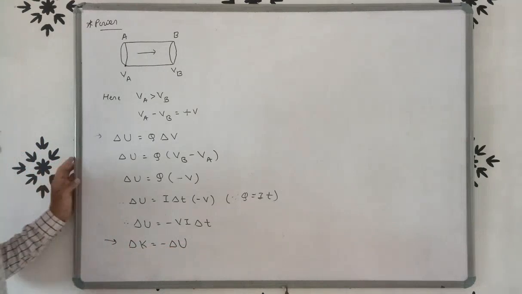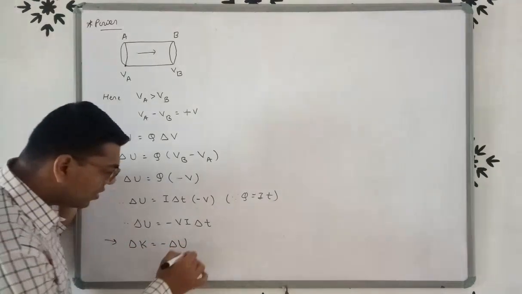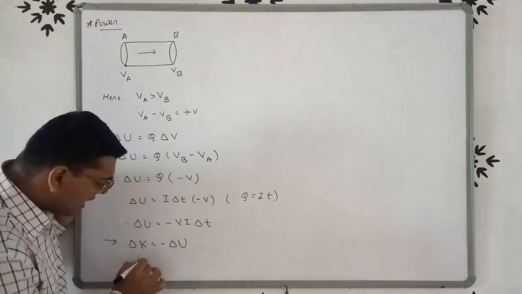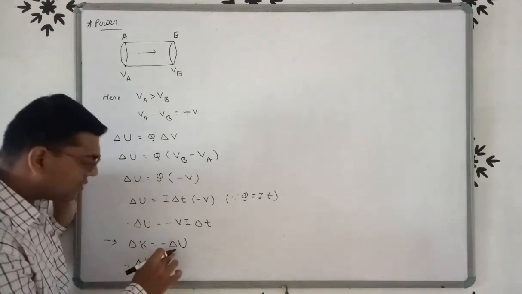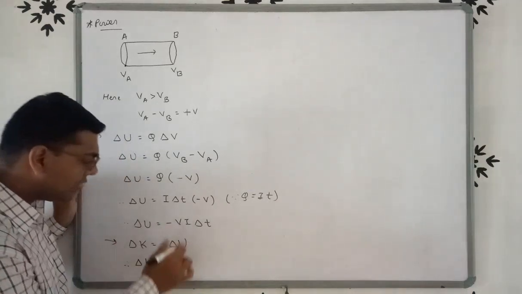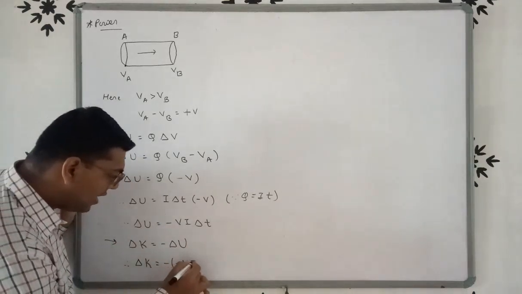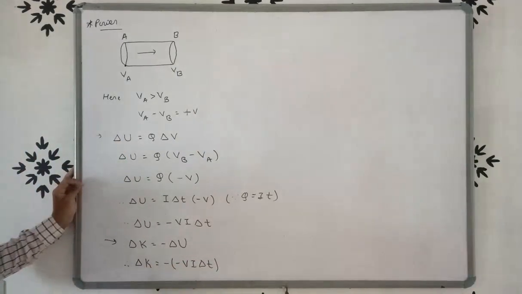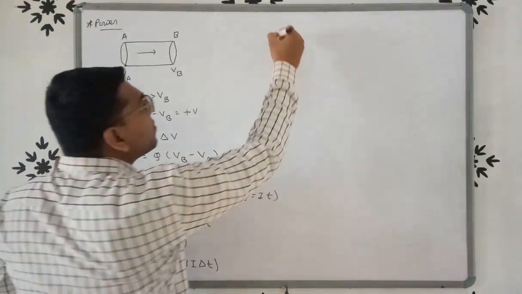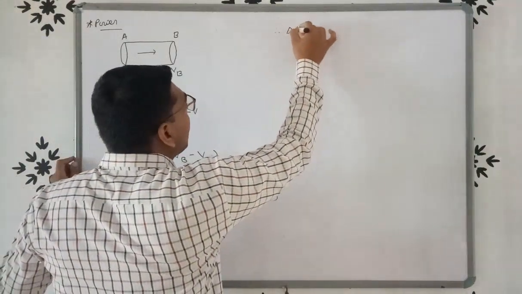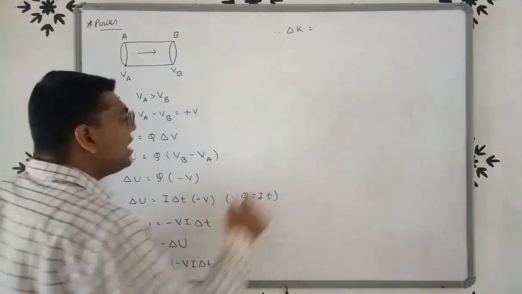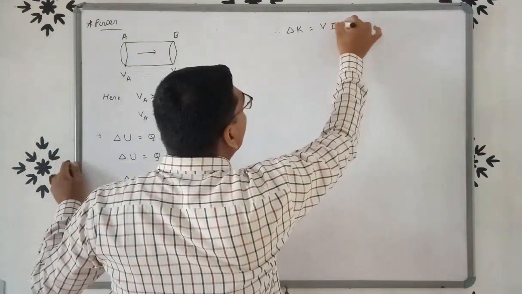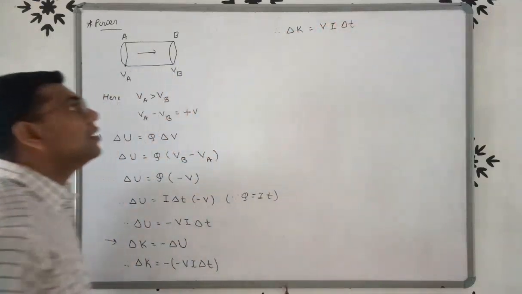Delta K is equal to minus delta U. The value of delta U is minus VI delta t, so minus minus is plus, and delta K is equal to VI delta t.